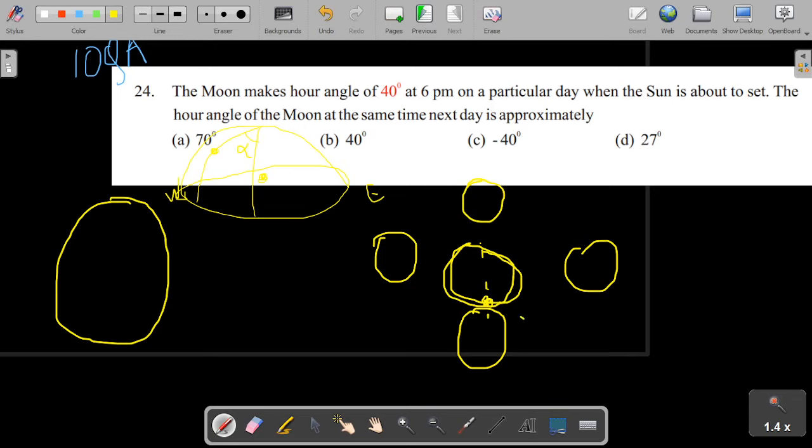Let's say the moon was here, and the hour angle is 40 degrees. Now you can calculate how much it moves in 24 hours. In 28 days, it moves 360 degrees. So in one day, it moves 360 upon 28 degrees, which is approximately 13 degrees. So your answer is D.